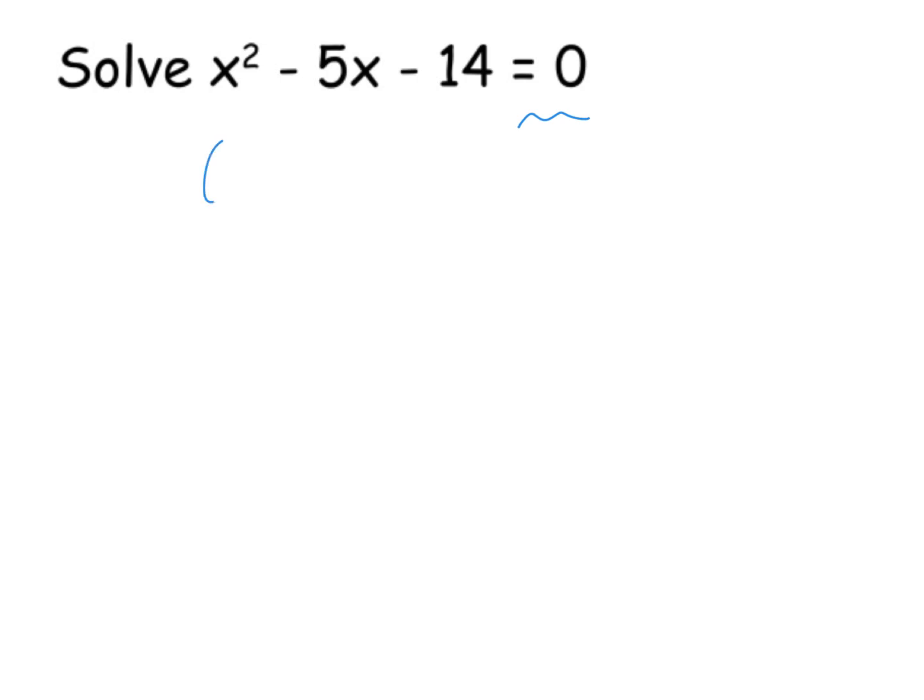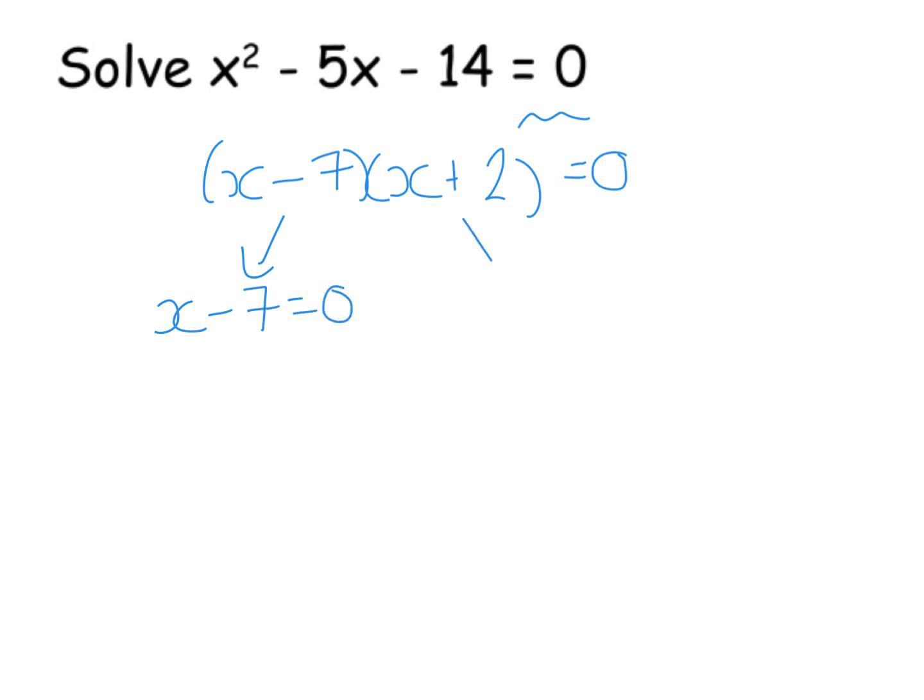So it's a trinomial again, so we're looking for 2 brackets, x and x. We're looking for numbers that multiply to minus 14 and add to minus 5. So numbers that multiply to minus 14 is something to do with 7 and a 2. To get minus 5, it's going to be plus 2 and take away 7. And then we do the exact same again. You put them into two little equations. X minus 7 equals 0.